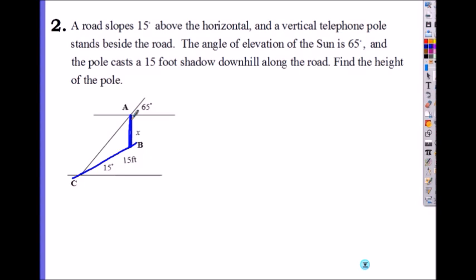And here's the sun. So the angle of elevation to the sun is 65. That means if you draw the angle of elevation from the ground here, this will also be 65. Remember, corresponding angles are congruent. Here's a horizontal line, here's a horizontal line, so either 65 here or there, which will give you this angle.